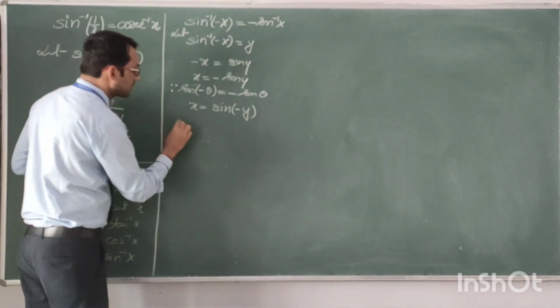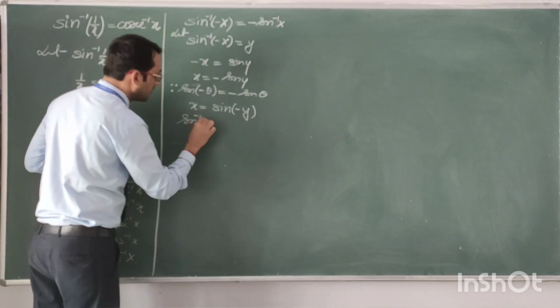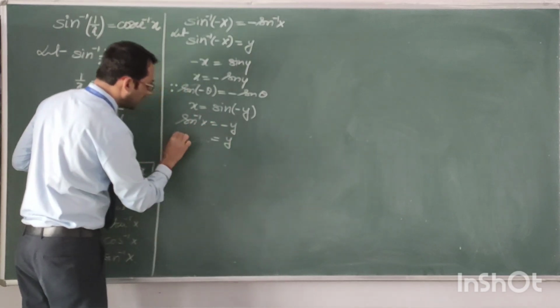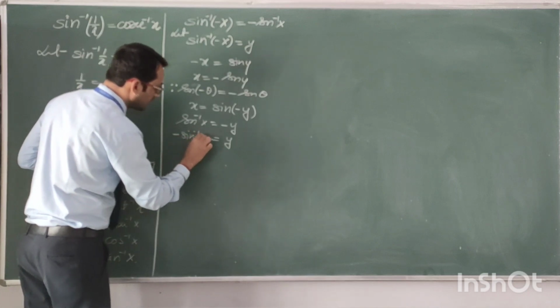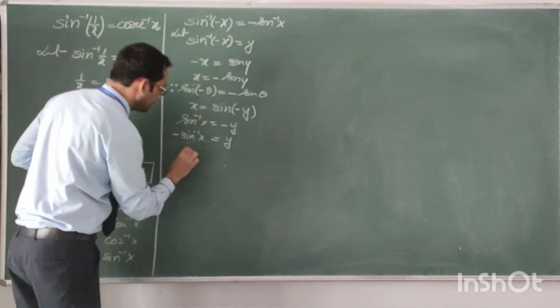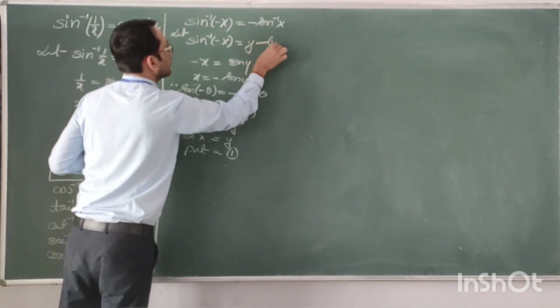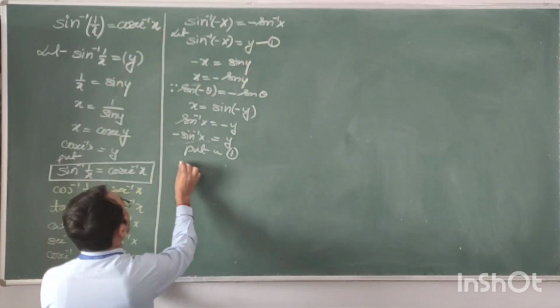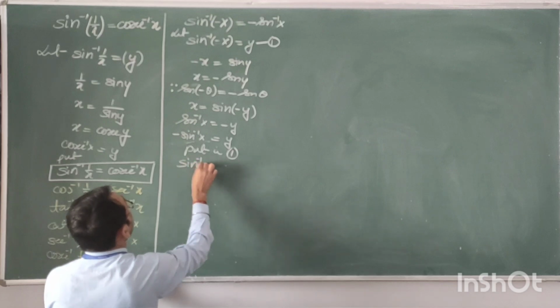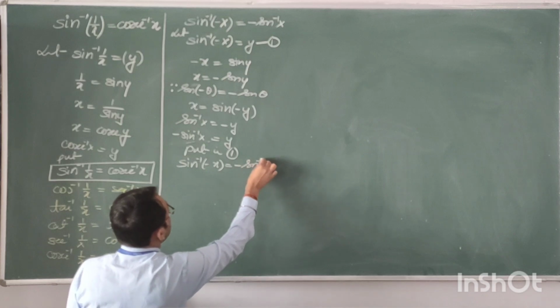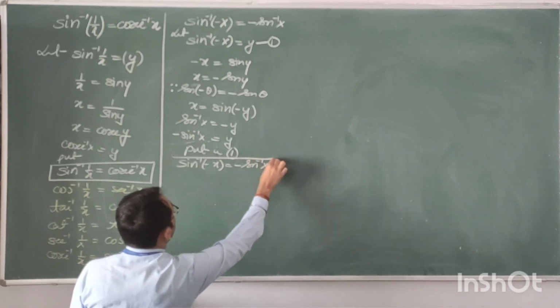Sine I am taking on the other side: sine inverse x equals minus y, or the value of y is coming minus sine inverse x. If I put it over here, it will be sine inverse minus x equals minus sine inverse x.